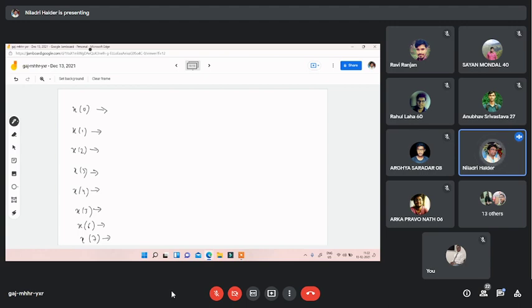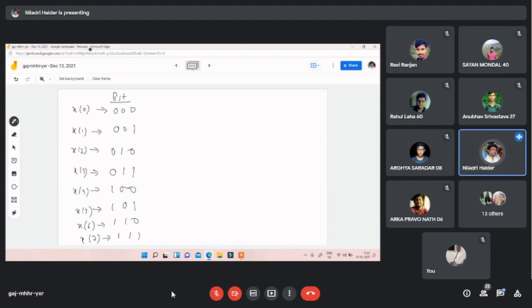Now to represent 0 to 7, how many minimum bits do you need? Obviously 3. So represent all the values from x0 to x7 by corresponding bits. 0 will be 000, 1 will be 001, 010, 011, 100, 101, 110, 111.